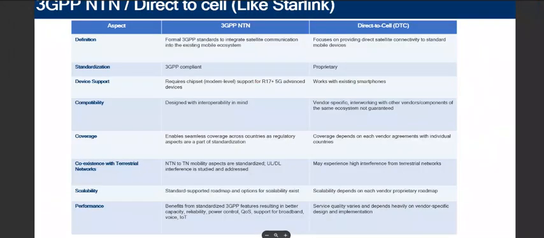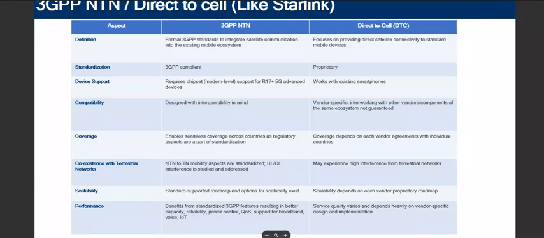And next is 3GPP NTN and direct to cell. 3GPP NTN is like a government, and direct to cell is like opening your own government. 3GPP NTN will be followed by all the telecommunication companies, but direct to cell is mostly followed by Starlink.